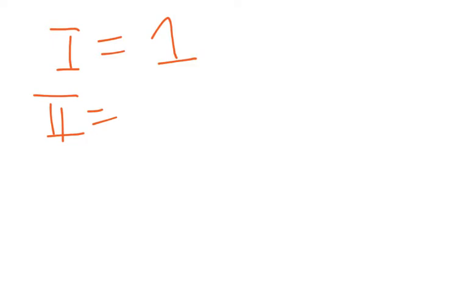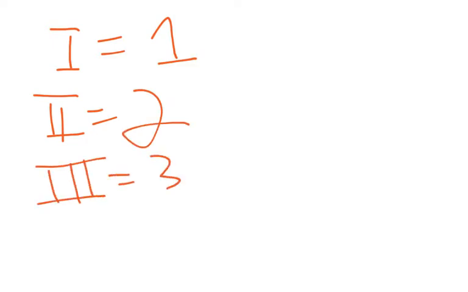So, I'm going to use a new page, and we're going to go over the Roman numerals. So, I is 1, double I is 2, triple I is 3. Now, let me connect the top and the bottom so that it looks right. Now, IV is 4.